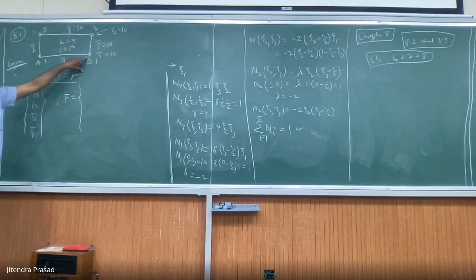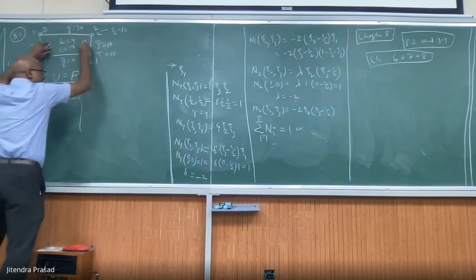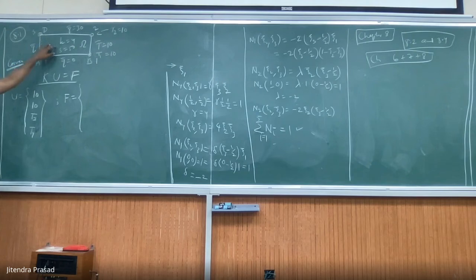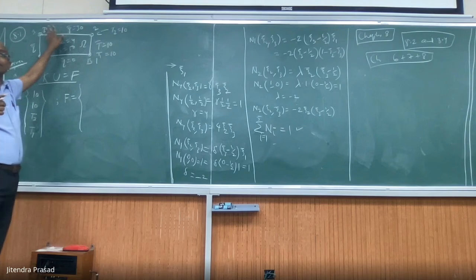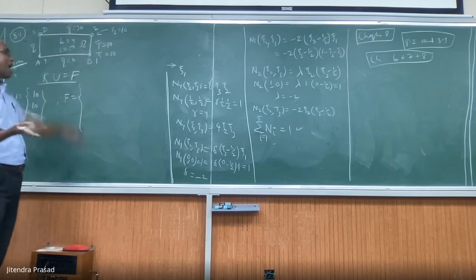Now we have two types of things here. Either it is coming from the domain or coming from the boundary. That's the only thing. Whether heat gain or heat loss is inside the domain, or heat loss or heat gain is at the boundary, accordingly we add them together.